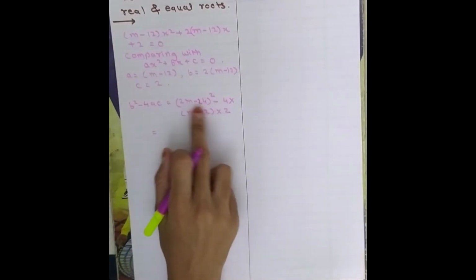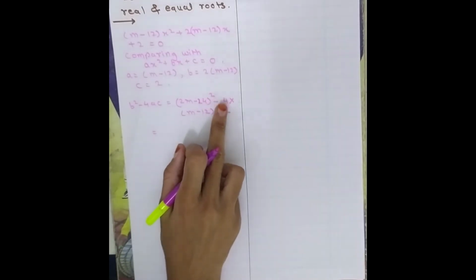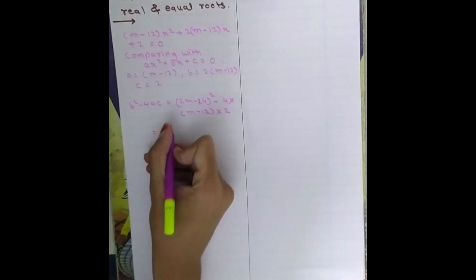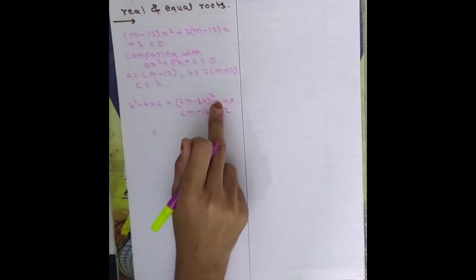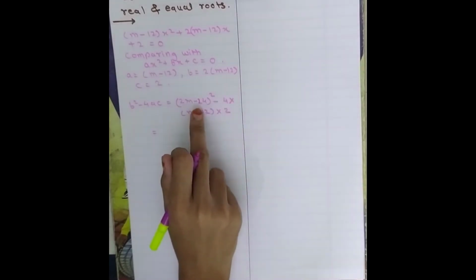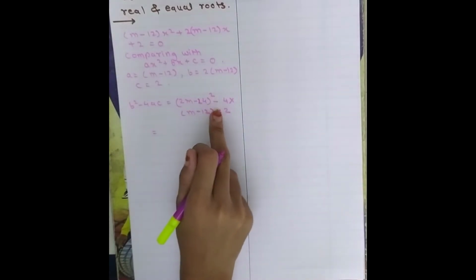So here, (2m) square minus, this is nothing but the (a minus b) bracket square formula. So solve this. The (a minus b) square formula is what? a square minus 2ab plus b square.